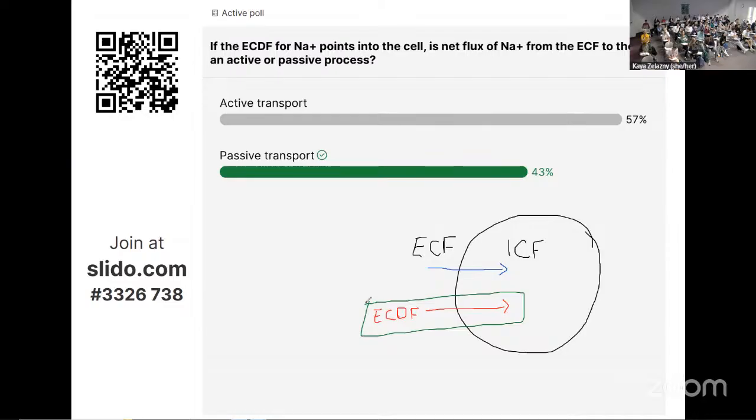Being pushed in, being pulled in, however you want to think about it, it wants to go in. So if we see a situation in which sodium is going in, that doesn't really require any explanation. Sodium wanted to go in, it is going in. We didn't need some additional energy to make it because that was the setup of this cell in the first place. We already had that driving force, that's where it wanted to go. So in this case, with just this much information, we're looking at a passive transport example, unless we have other information.